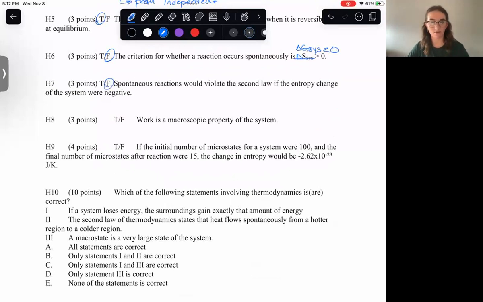Why is it false? I guess, what is the second law of thermodynamics? What does that tell us?